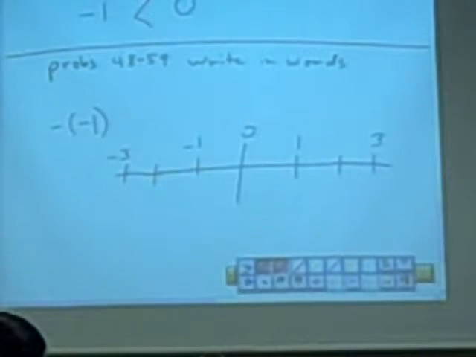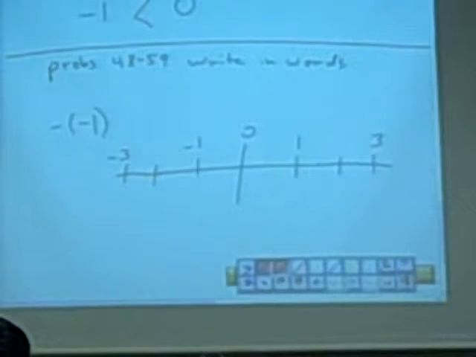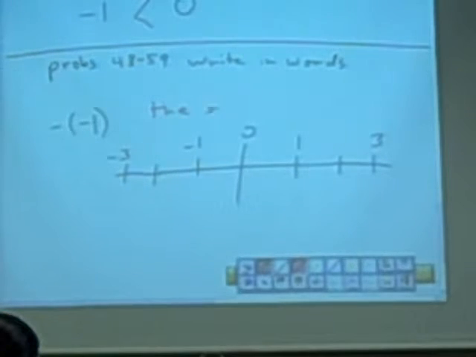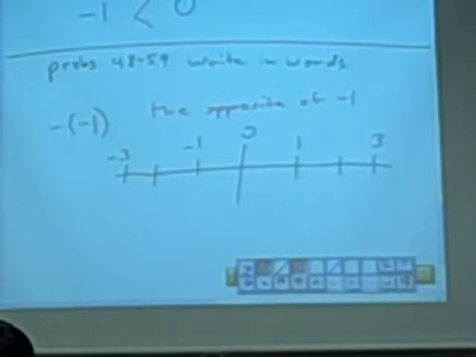Positive 3, right. So when we say opposite, we mean the opposite end of the number line in relation to 0. So how would we write this number in words? The opposite of negative 1. Okay?